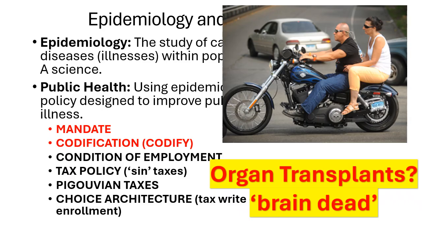Now, we used to get probably 90% of the organs for transplant into people from motorcycle riders who were riding without a helmet and got into a crash, which is very tragic. And as soon as they mandated the use of wearing motorcycle helmets, nobody's allowed to ride a motorcycle without a helmet. The frequency of people being brain dead from motorcycle accidents dropped by about 90%.